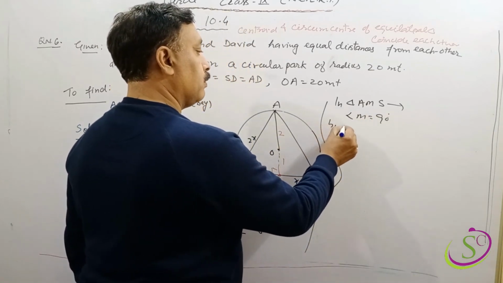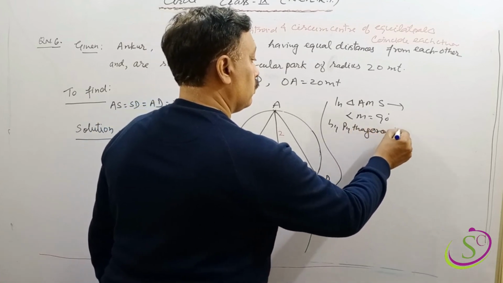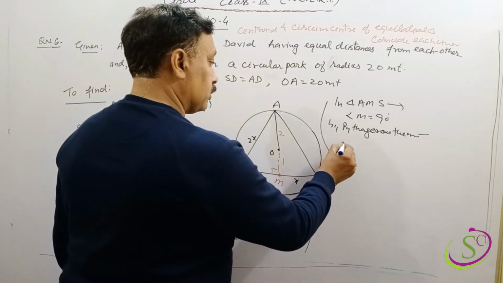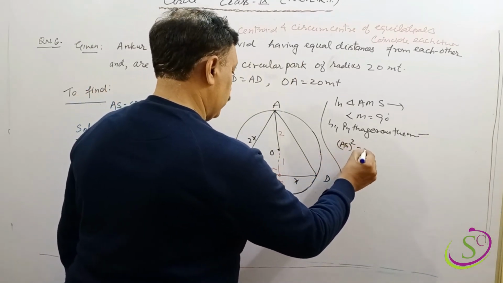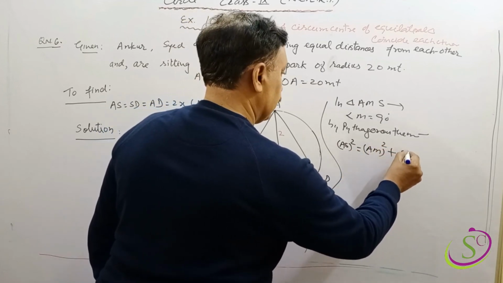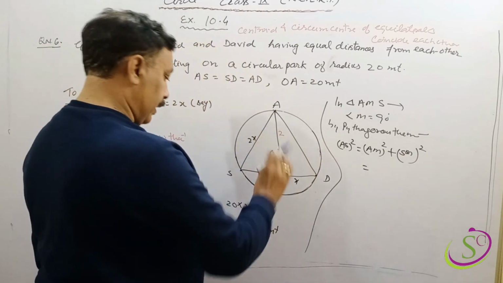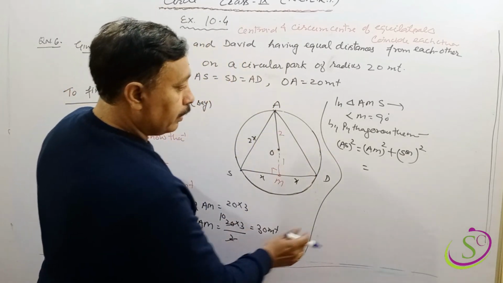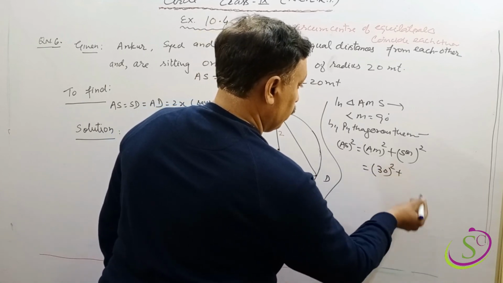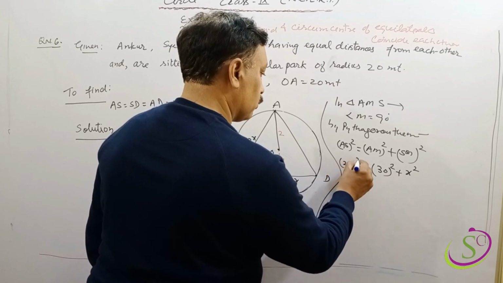So by Pythagoras theorem, AS square equal to AM square plus SM square. What is AM? AM is 30, dear. 30 square plus SM is x square, and AS is 2x square.